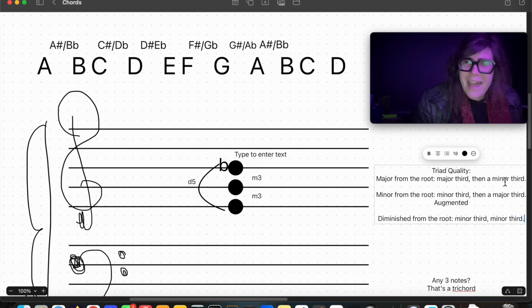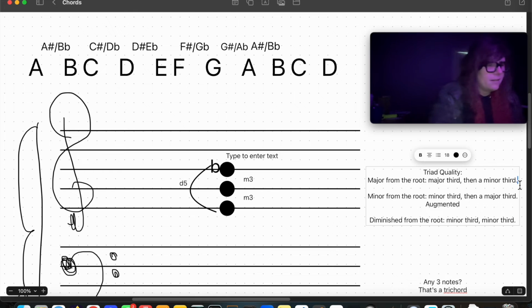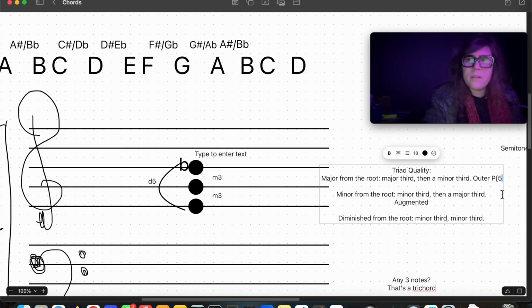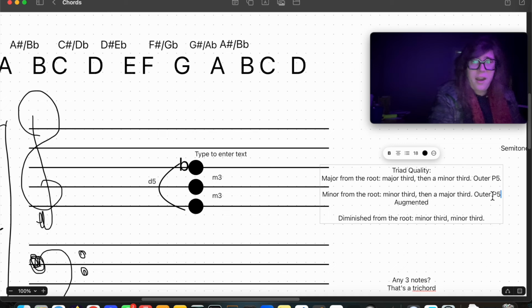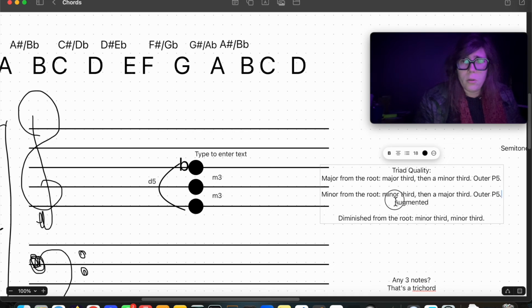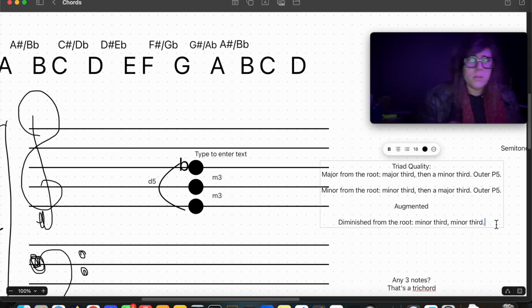And let me add outer P5. Oops. No bracket. We're not coding right now. Outer P5. The minor third also had an outer P5. Cool. Outer diminished fifth.